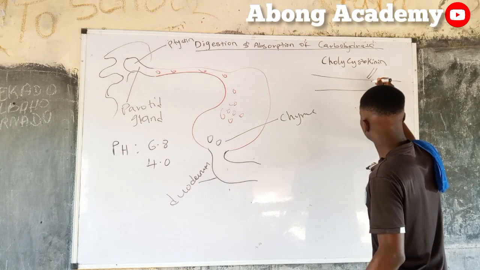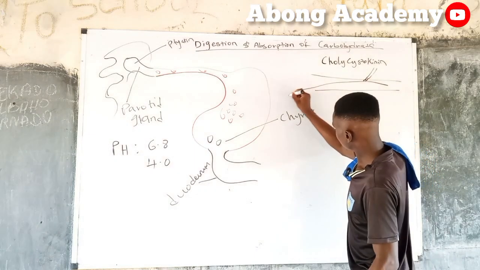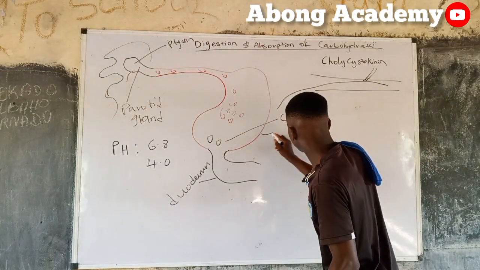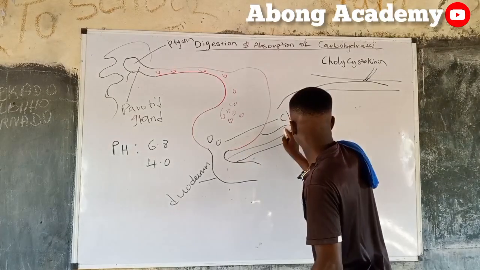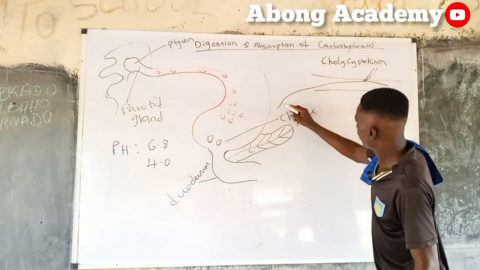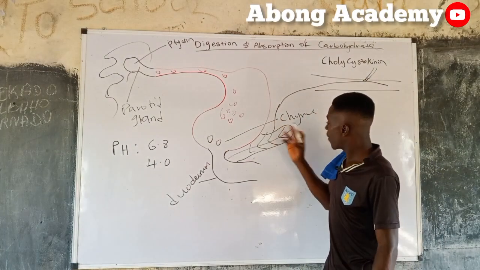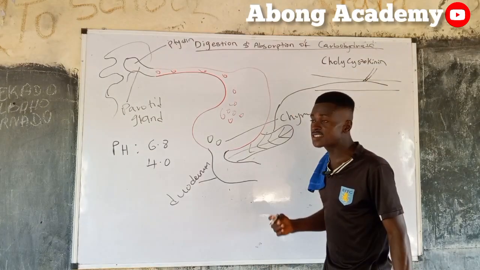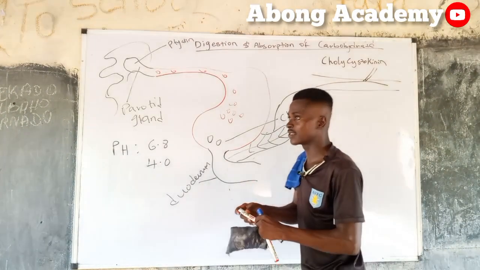When this cholecystokinin is released into the bloodstream, it goes to the pancreas. This is the pancreas. When it goes to the pancreas, it stimulates the secretion of pancreatic amylase.